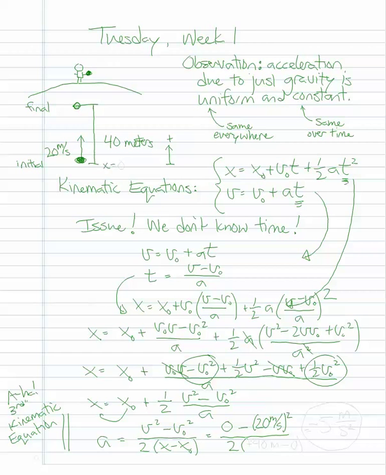Let's call this x equals 0 down here, and so the final is going to be 40 meters, and the initial was 0. When I do all this out, I get 400 divided by 40, is that right? Yeah, 400 divided by 40 is 10, but I still have this minus sign out here, and then divided by 2 is 5, so minus 5 meters per second per second.